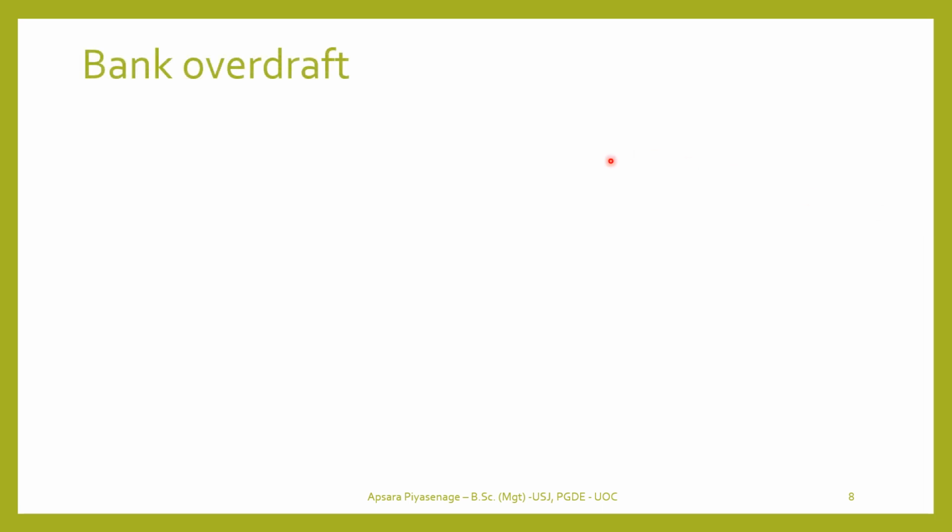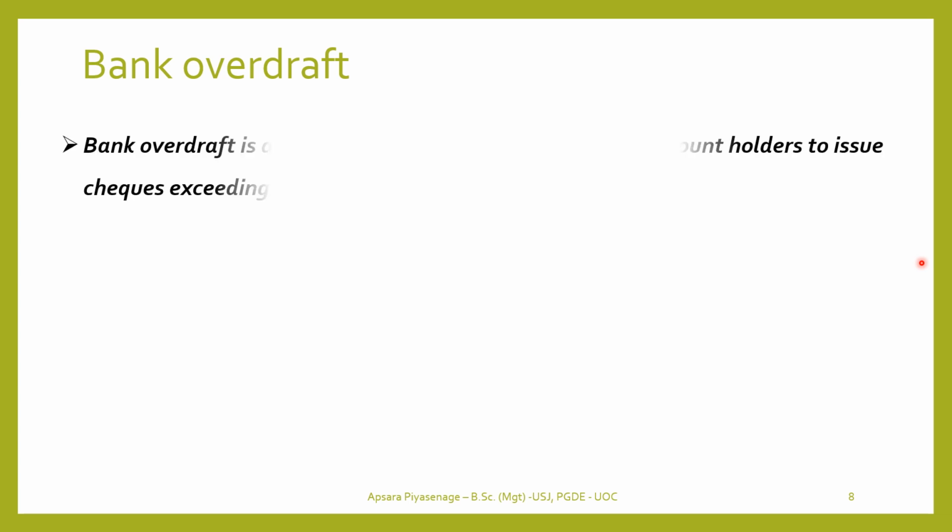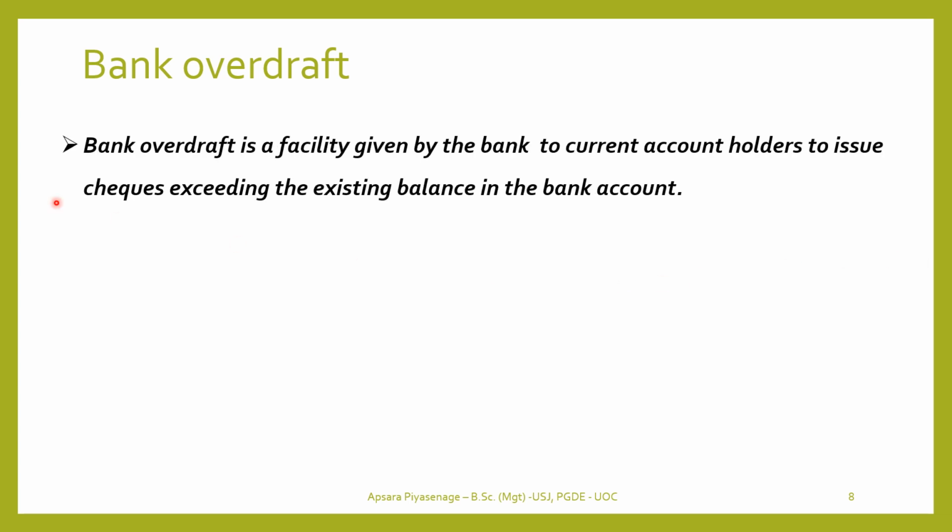This is known as bank overdraft, also known as bank OD, the shortened form. Bank overdraft is a facility given by the bank to current account holders to issue checks exceeding the existing balance in the bank account.